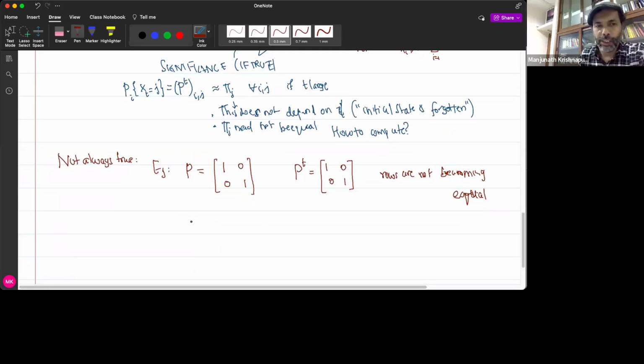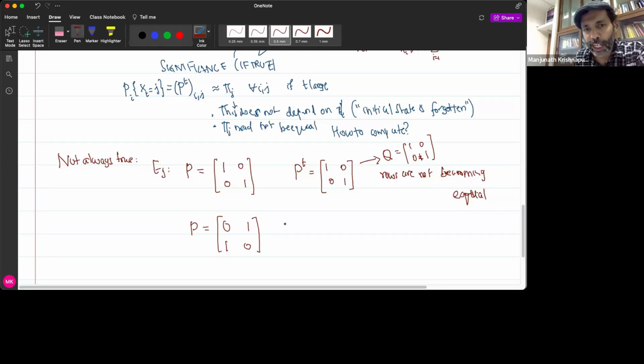Another one, which I will also give you with the example of a two-state chain, is 0, 1, 1, 0. In this case, P to the T converges to Q, which is also 1, 0, 0, 1. But the rows are not equal. Now, if P is like this, what will be P square?